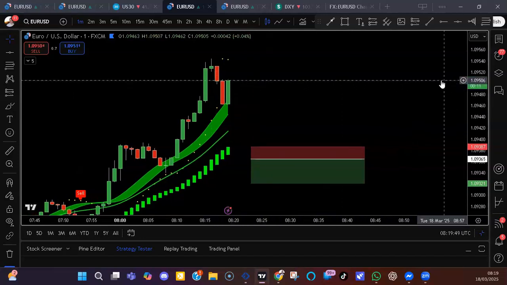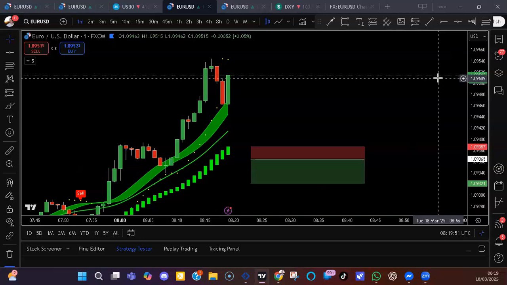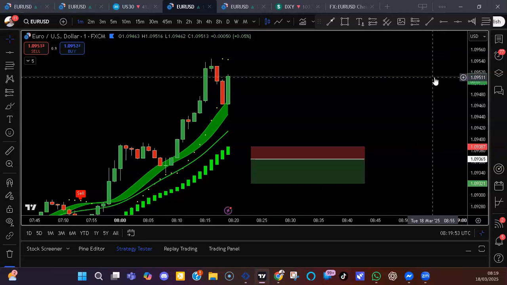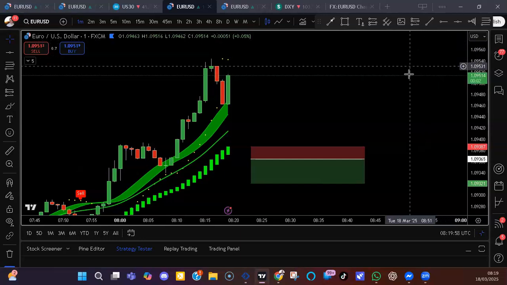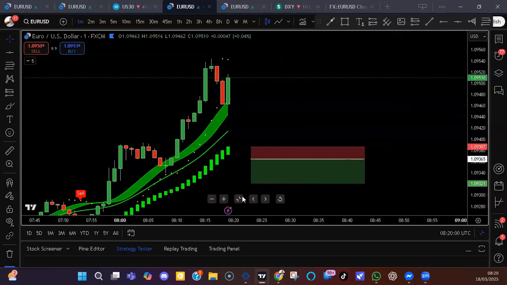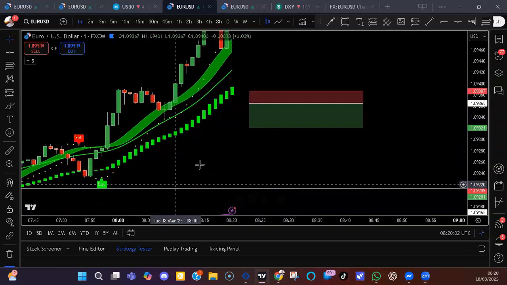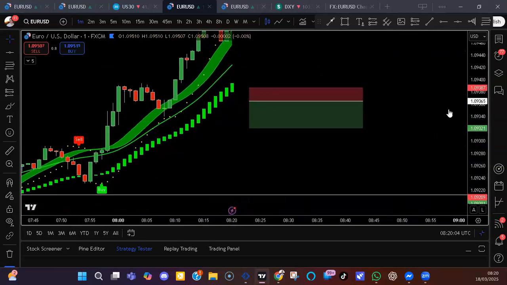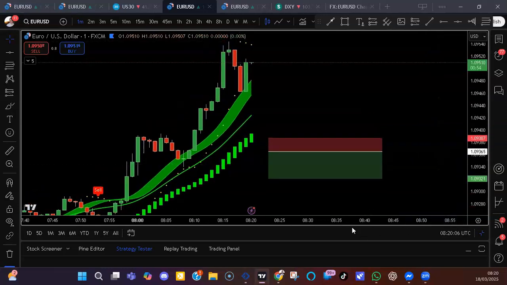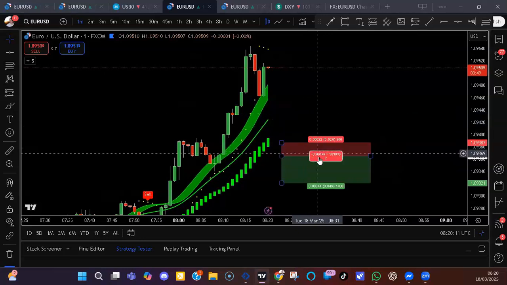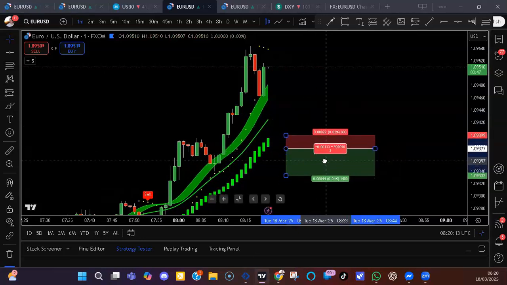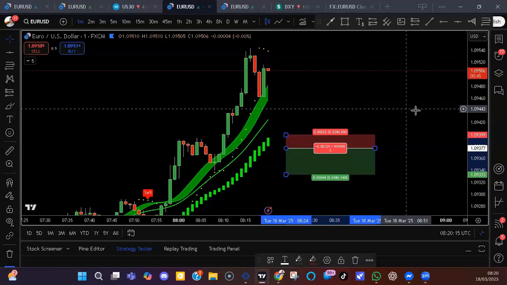This is a psychological area for traders and bankers alike to think, should we do the next 50 pips or whatever, or should we just stay in this area and equalize the market as we go? Very much depends how weak the US dollar is and on their decision, I guess. Of course, we don't know that.